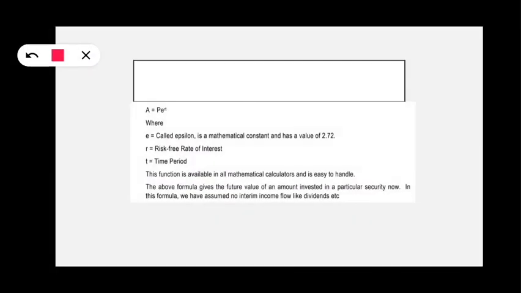So present value into e whole power R into T. Here A is the future value, P is the present value, e is nothing but epsilon, whose value we know is 2.7183, as we see in the limit x to infinity. R is the rate of return, and T is the time period.